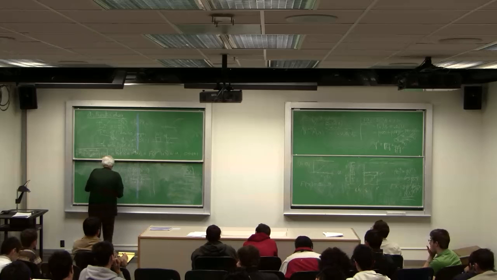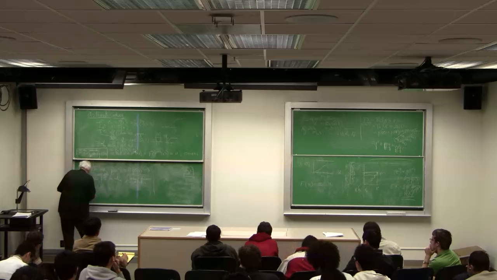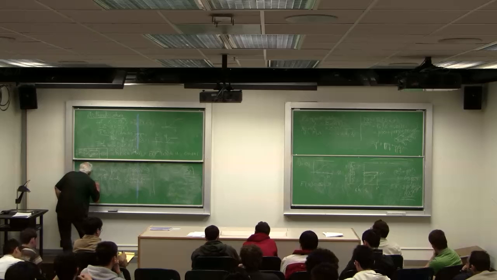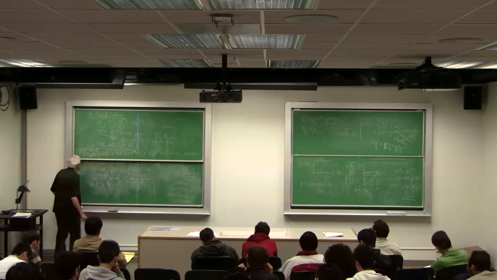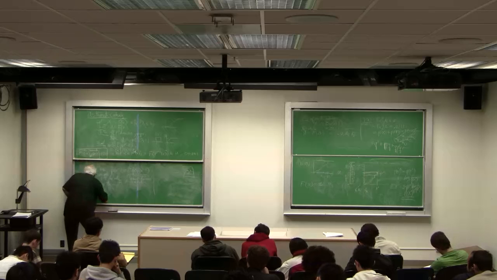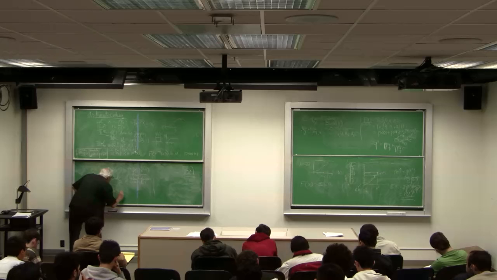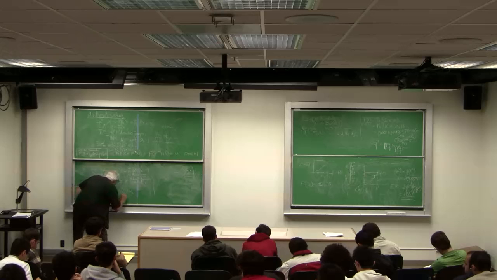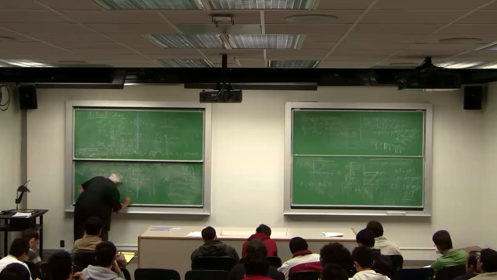Then if p hat is the estimate, x^n maps into u1, u2 through uk, this Bernoulli sequence, where k is roughly log 1 over p hat of x^n.